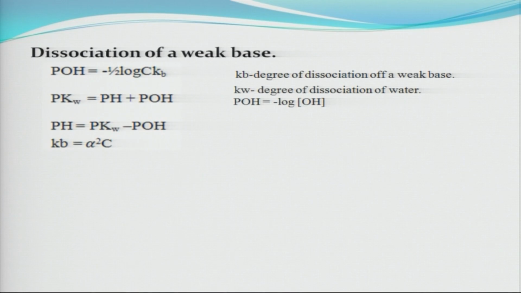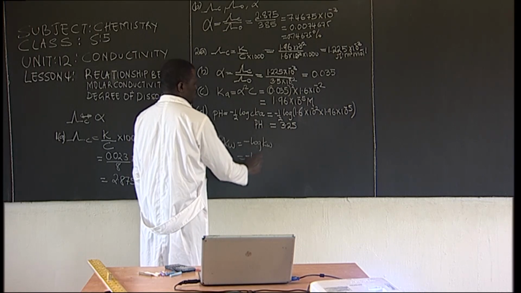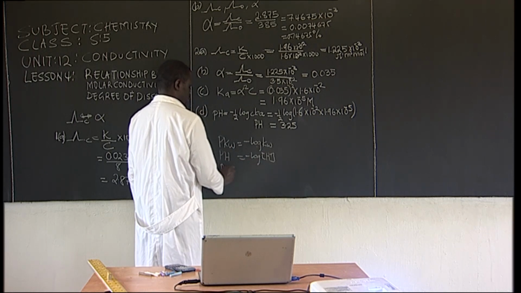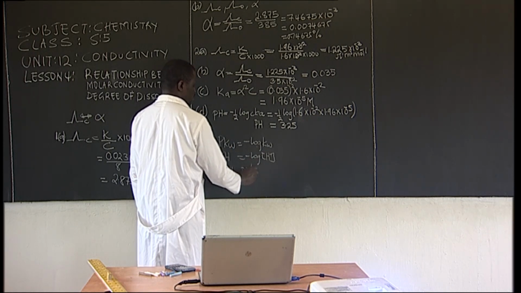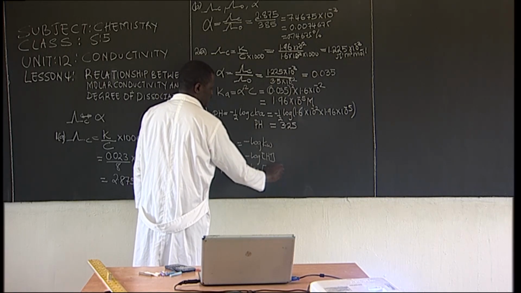That p normally comes in as negative log. So if we say pKw, it will be equal to negative log Kw. Even pH is equal to negative log concentration of hydrogen ions. Then the pOH is equal to negative log concentration of OH ions. So you see what we have.